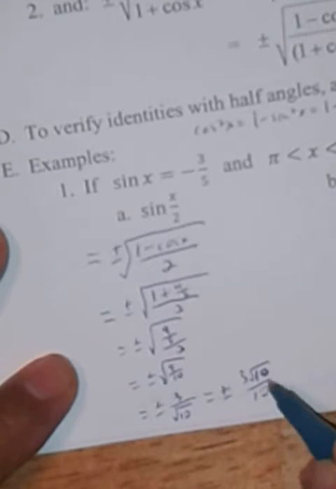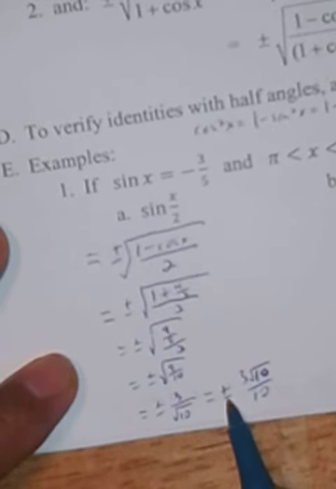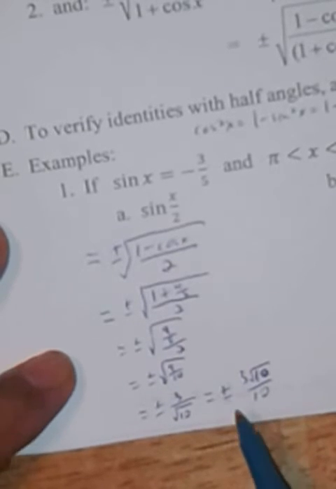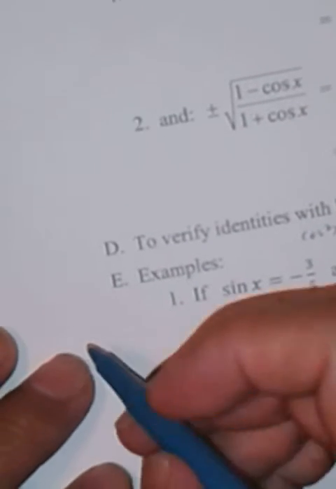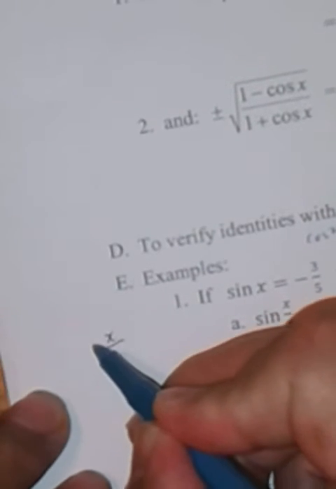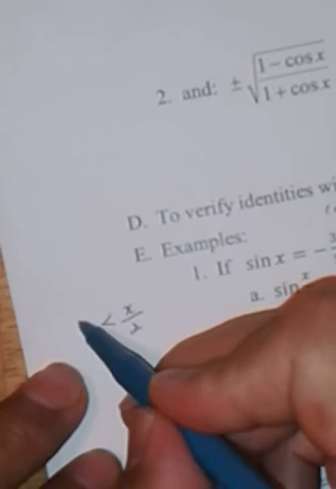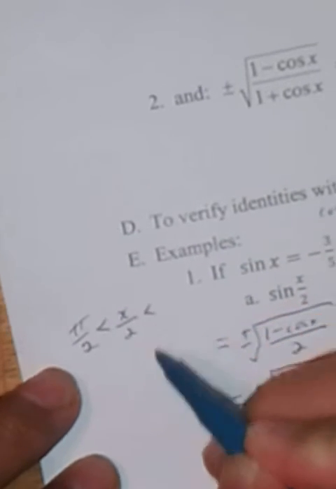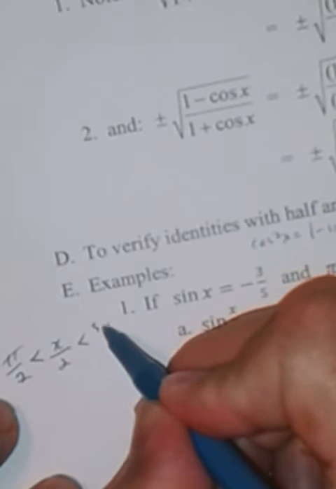Now, we need to determine if it's positive or negative. Which is it, plus or minus? This is for x over 2. So remember, x is between pi and 3 pi over 2. So if we divide each of those parts by 2, or take half of them, then x over 2 is greater than pi over 2 and less than 3 pi over 4.